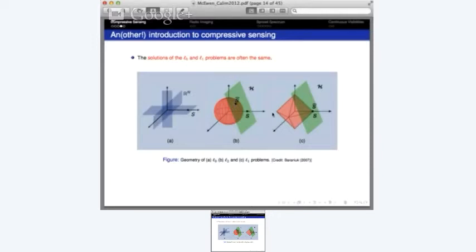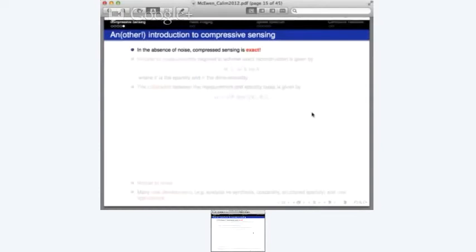However, if we look at the L1 ball and do the same thing, often we will indeed find solutions that lie on the vertices of this ball, so along the axes. That won't always be the case if this plane is parallel to the edge of that L1 ball, but you can see that we do a much better job in general of promoting solutions near the axes. So this is why L1 minimization is a good thing to do.